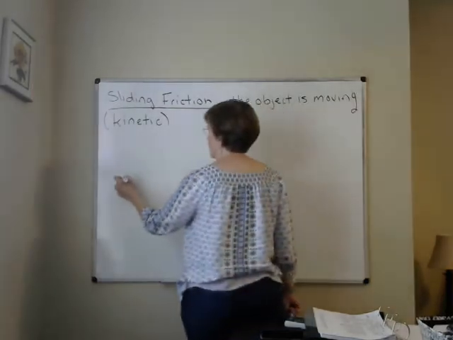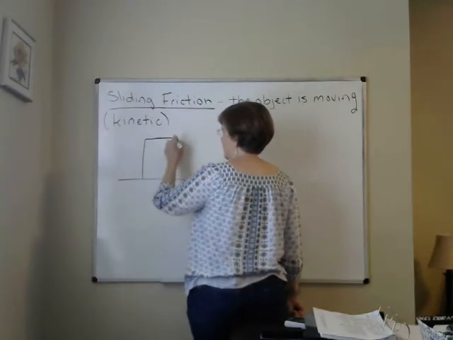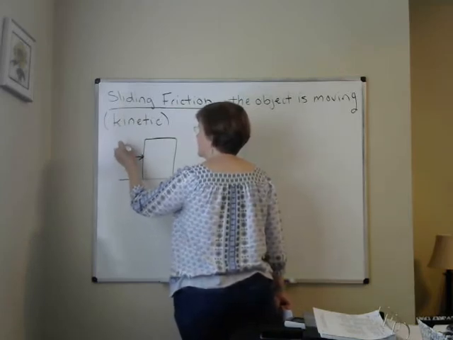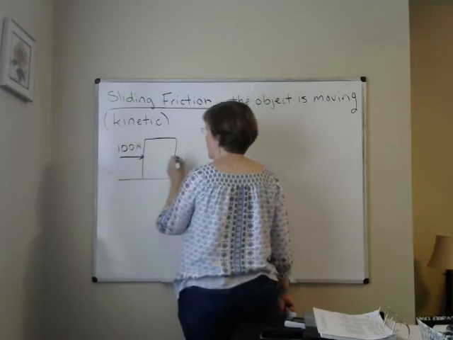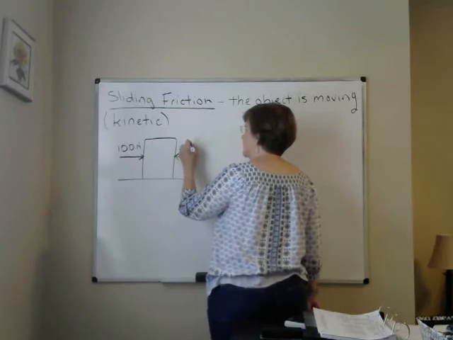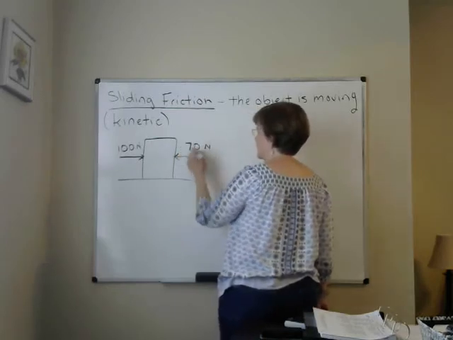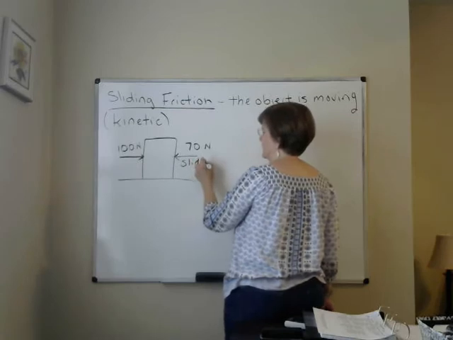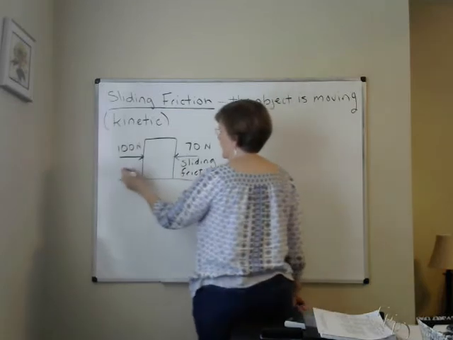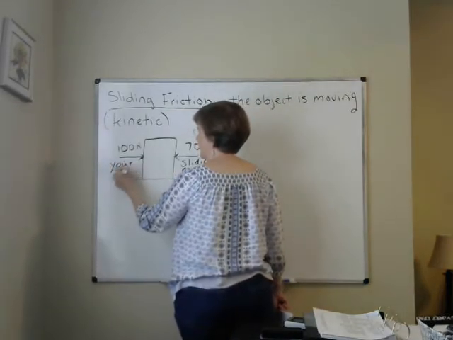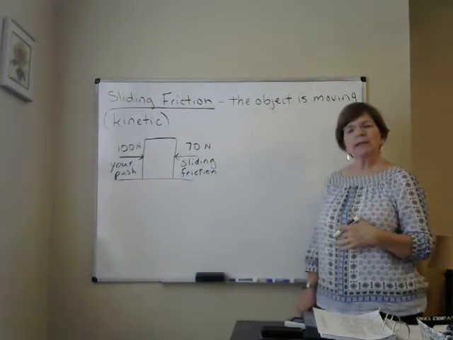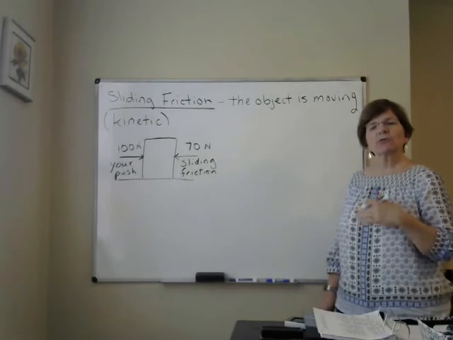That heavy dresser, maybe you finally push with 100 newtons and it starts to move. Sliding friction may only be 70 newtons. Once it starts moving, the friction force actually drops.